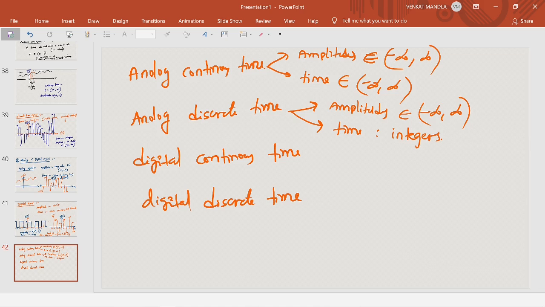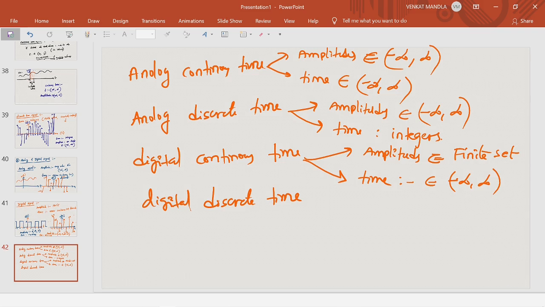It need not be a finite set of integers, it can be countably infinite, but they are integers. And in digital, the amplitudes are a finite set. Continuous time, the time belongs to minus infinity to plus infinity. It can take any value between minus infinity and plus infinity. So the signal has to be specified at each and every point of time because it is a continuous time signal.